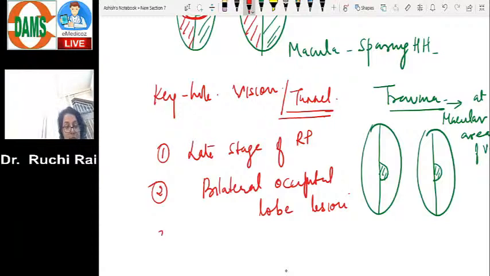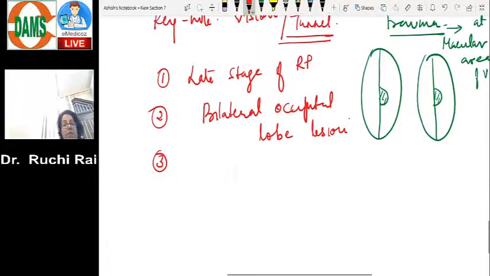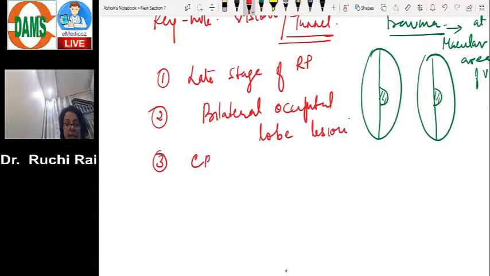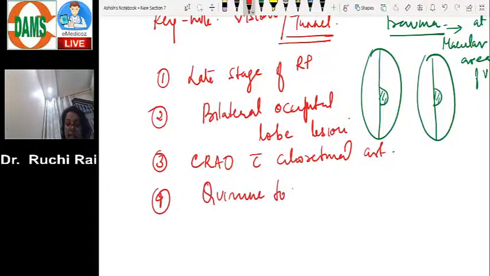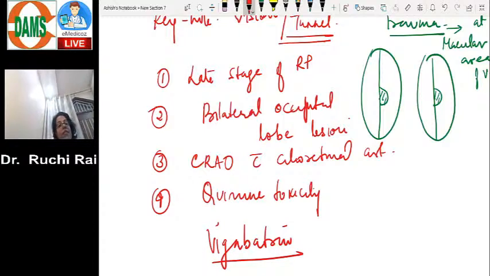Then sometimes when you have a cilioretinal artery but there is a central retinal artery occlusion, we will learn all in detail. This can be another cause of keyhole vision, tunnel vision, tubular vision, all terms are same. And quinine toxicity can be another one. Another drug which can cause constriction of the visual field, may not always be tunnel, but yes, is vigabatrin. So we can know this as well.